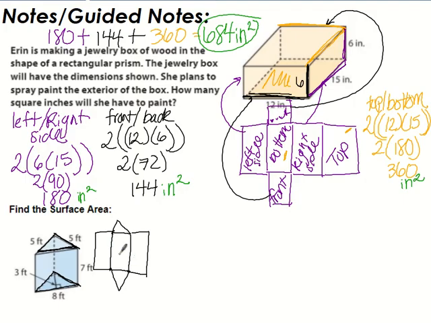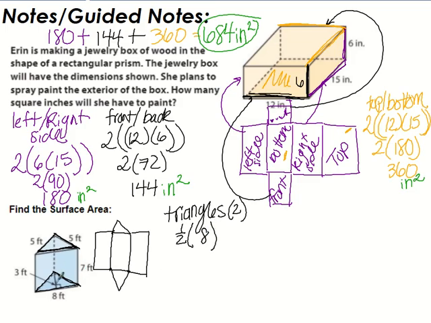Now be careful, these rectangles may not be the same, so we do need to be careful with that, but the triangles are identical. Okay, so let's do the triangles first. There's 2 of them, this bottom piece and this top piece. So the area of a triangle, remember, is half times the base, so that's 8.